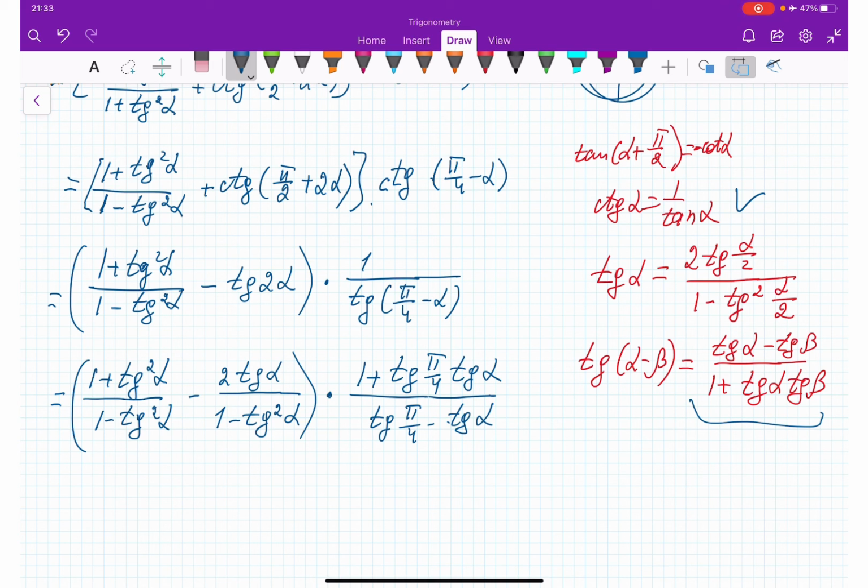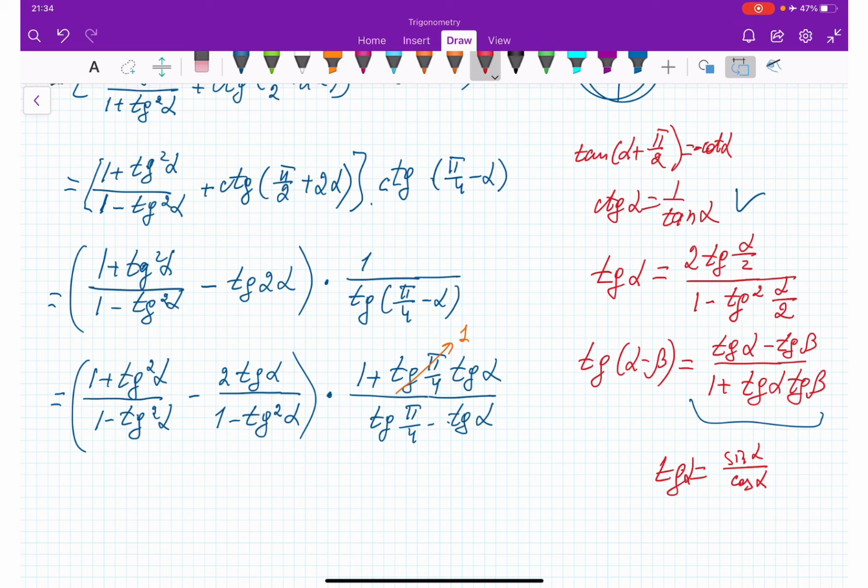Okay, so tangent pi over 4 is equal 1. Why? Because tangent we said is equal, tangent alpha equals sine alpha over cosine alpha. Pi over 4 is 45 degrees.